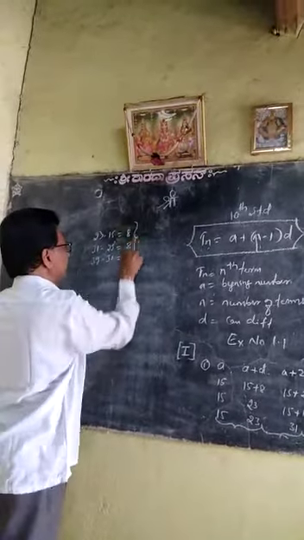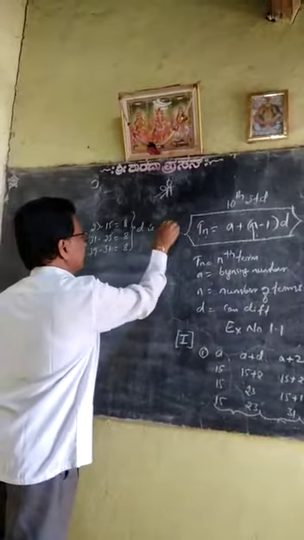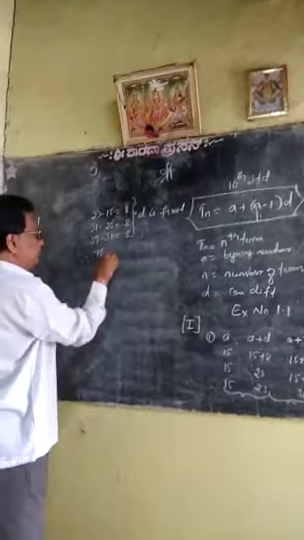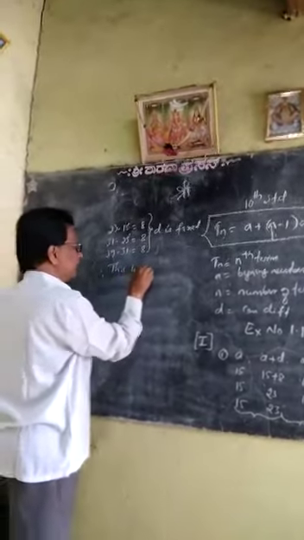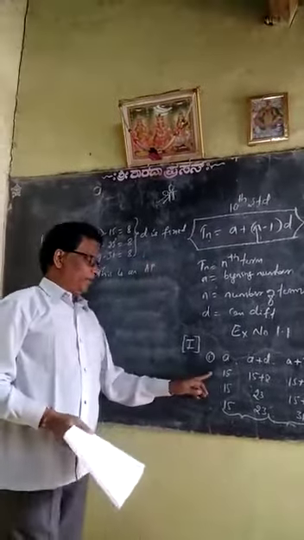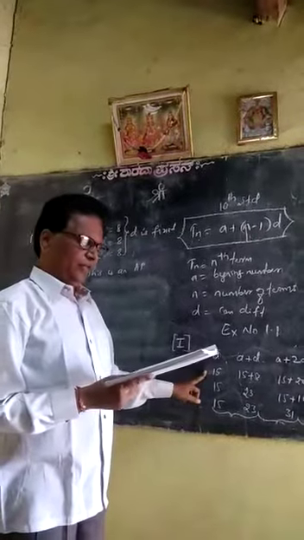So the common difference d is fixed. Therefore, this is an AP. So the first statement is an AP.